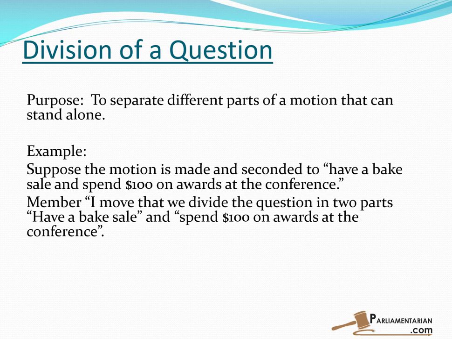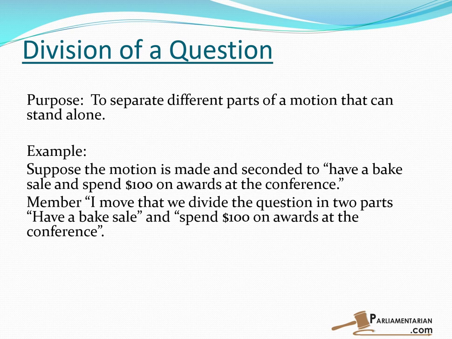Remember that in parliamentary procedure, it's generally a yes or no question, right? And so if you say this very compounded question like, well, I think we should have a bake sale, and then we should spend $50 on awards, and then $10 on getting new lights, and $20 on this, well, there's 5 or 6 different things in that motion.